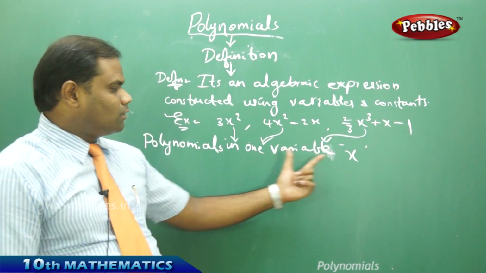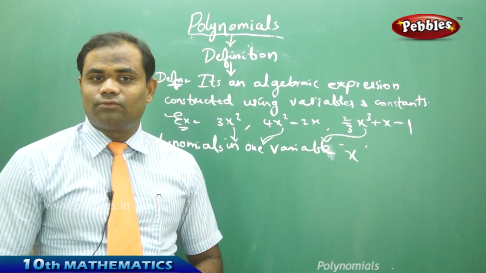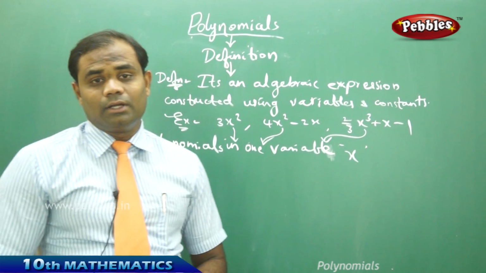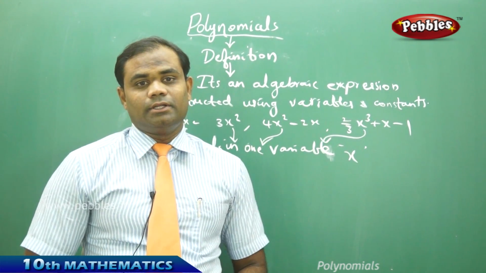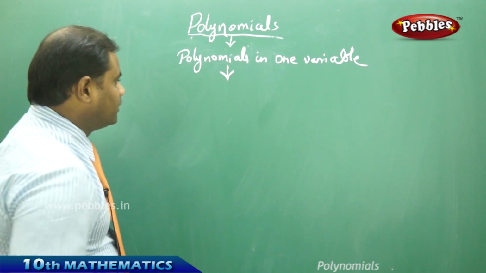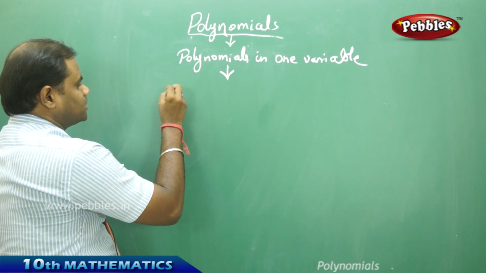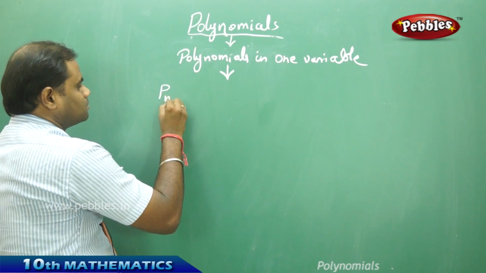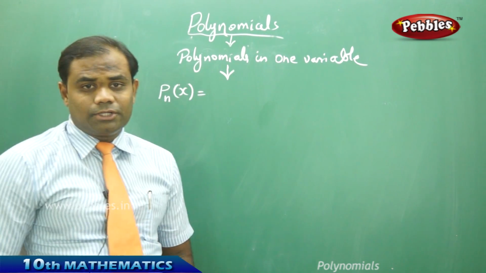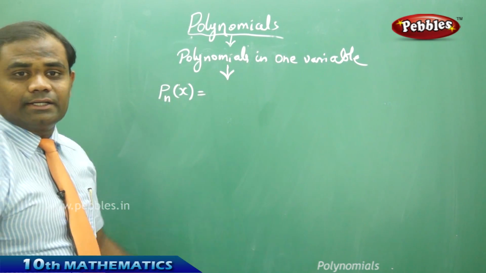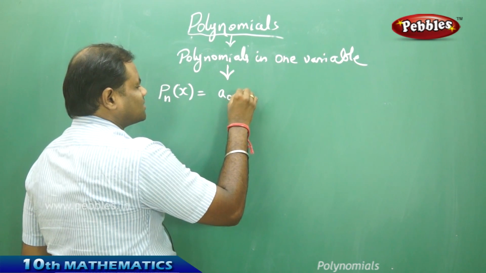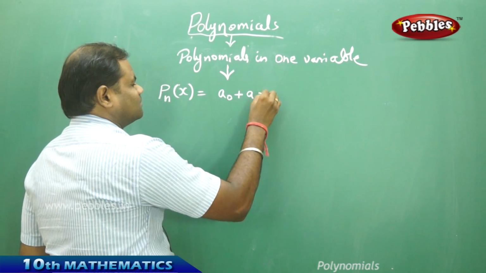So let's see in brief how we define a polynomial in a single variable x in its general form. A polynomial in one variable is generally denoted by Pn of x, and it is defined as an algebraic expression which consists of constants and variables in this form.